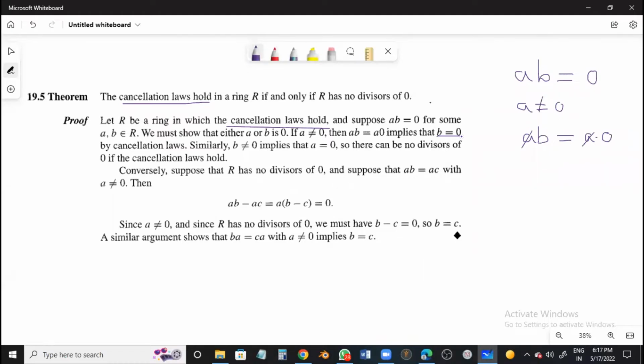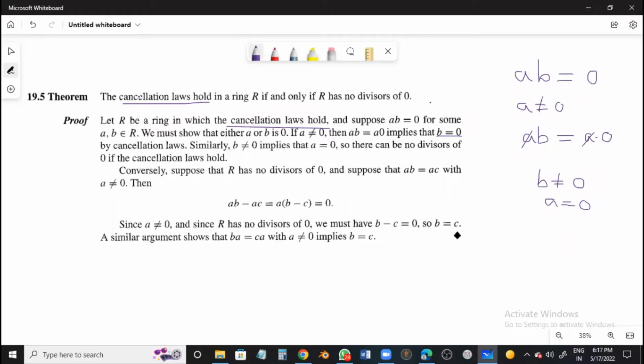If I multiply by a 0, answer is 0. So it cannot be called a 0 divisor. So neither A is a 0 divisor nor B, which is itself 0. Same way, if you put the restriction that B is not 0, then you'll come to the result that A becomes 0. Why? Because of the cancellation laws. And therefore, A and B are not 0 divisors. So what you proved is, if the cancellation laws hold, then R has no 0 divisors.